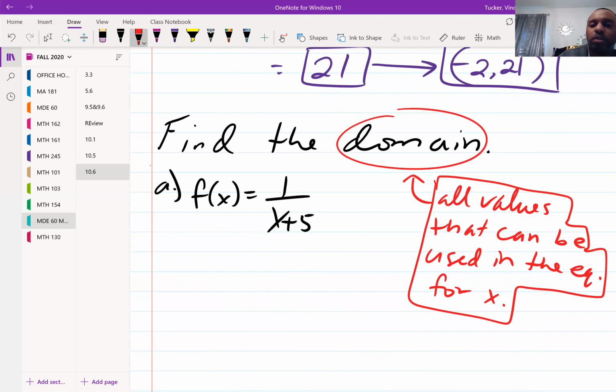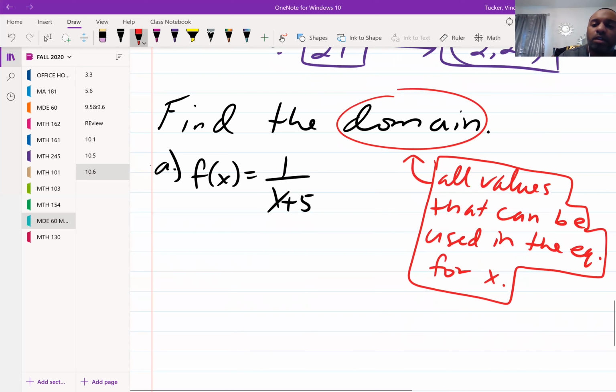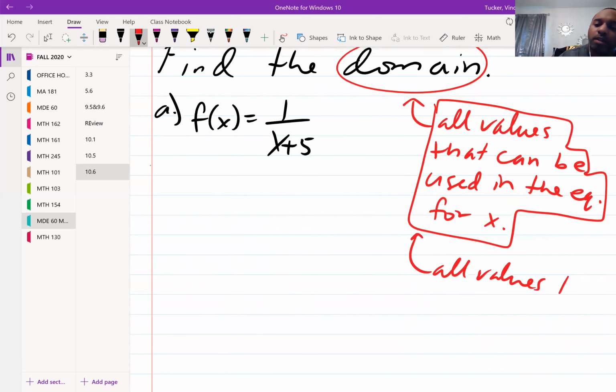Or you can look at it and say all values can be plugged in for x.